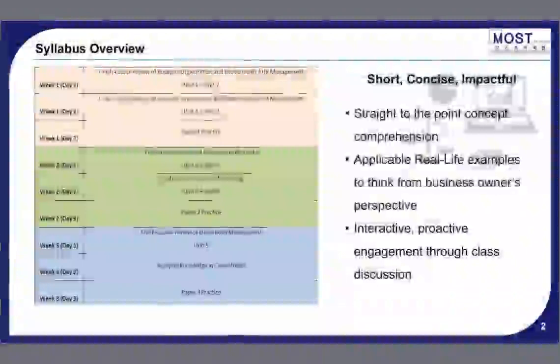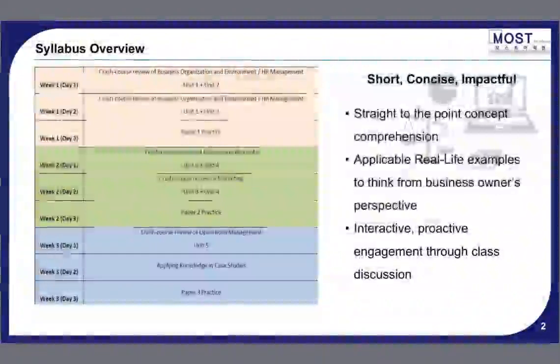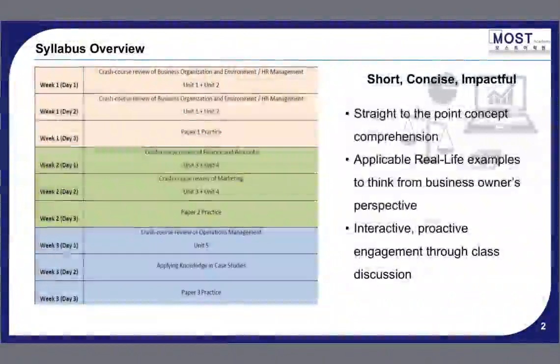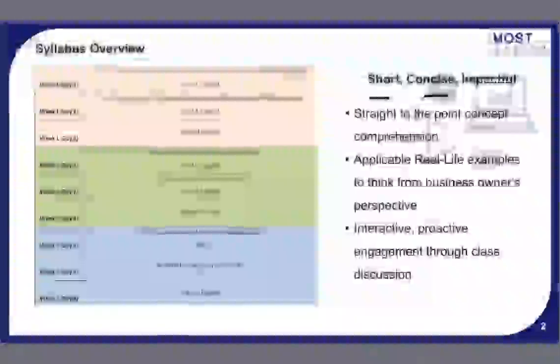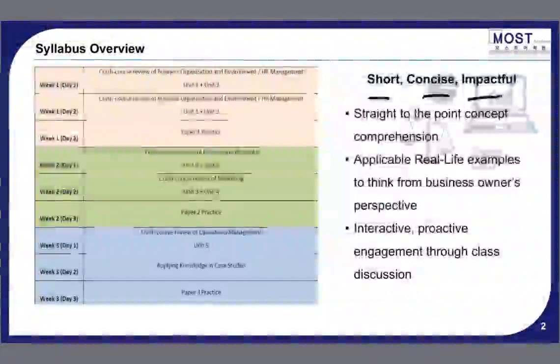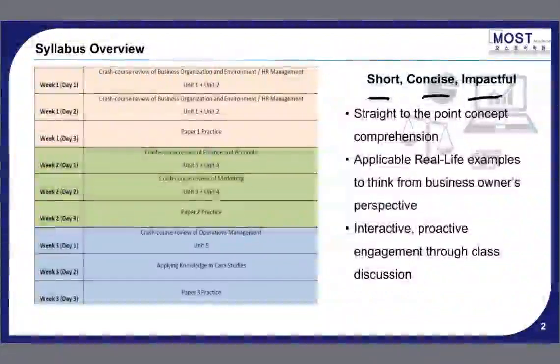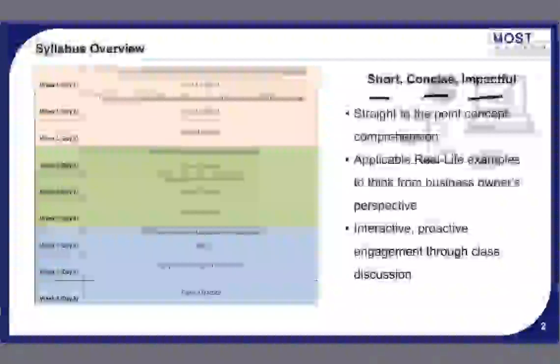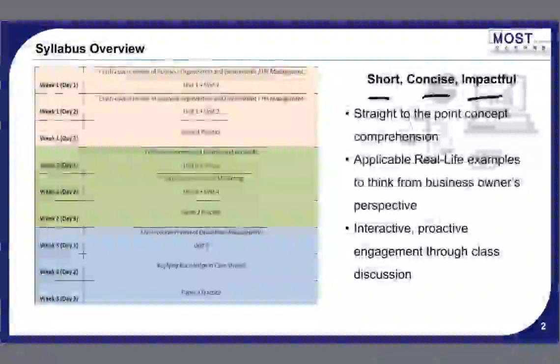So the 3 things that would really sum up this course: it's going to be short, it's going to be concise, and it's going to be impactful. Which means a lot of the concepts that we're going to delve into are going to be straight to the point, and there are going to be applicable real life examples to think from a business owner's perspective.